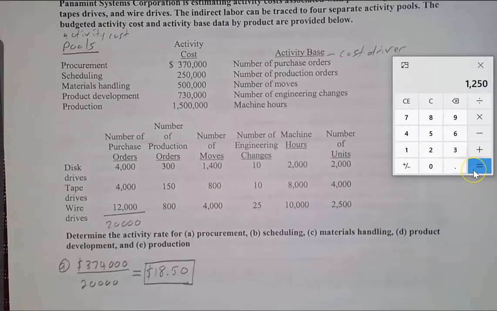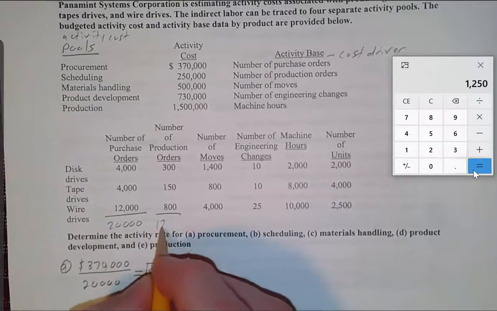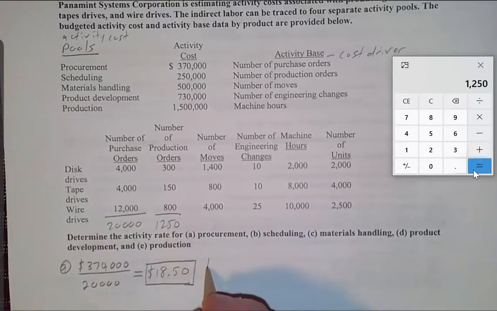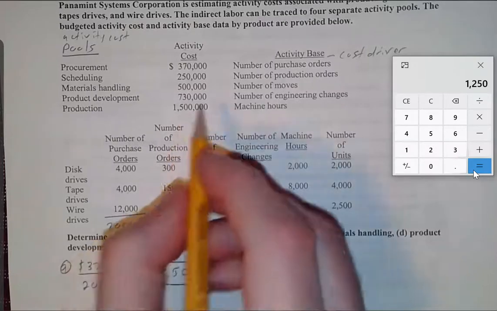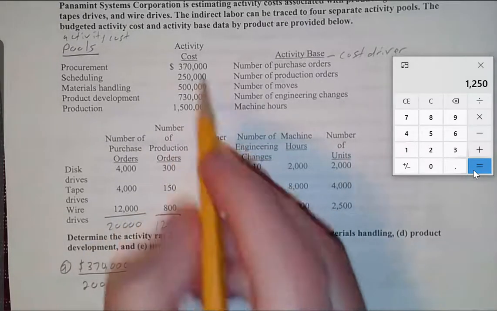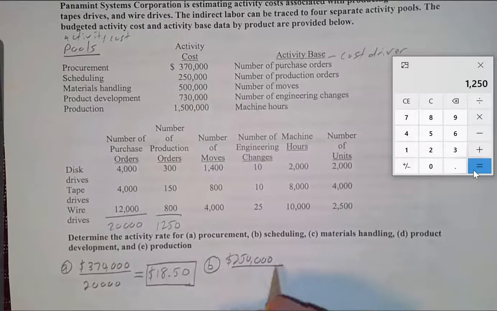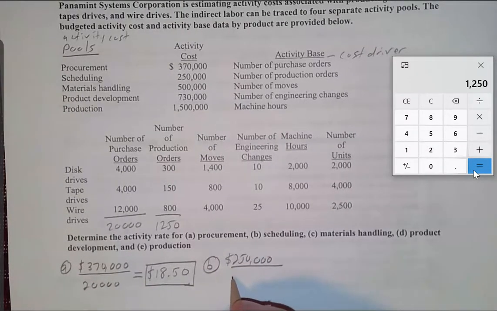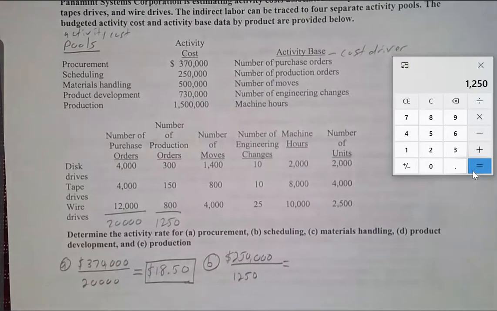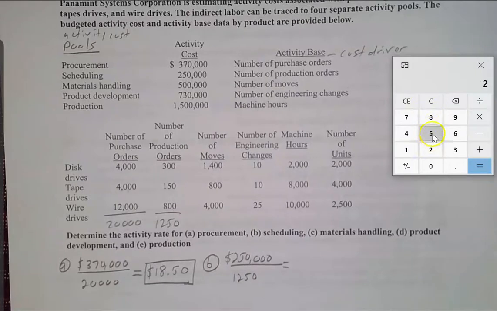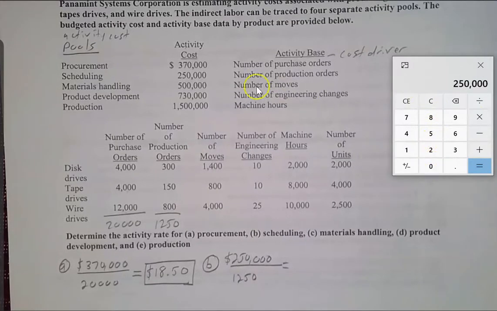So we have a total number of production orders of 1,250. So B, very simple. We just take this $250,000 and divide it by 1,250. And let's see what we get if we do that.